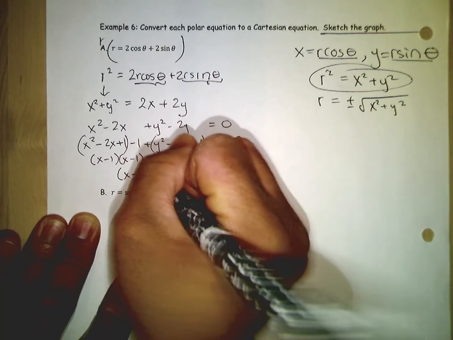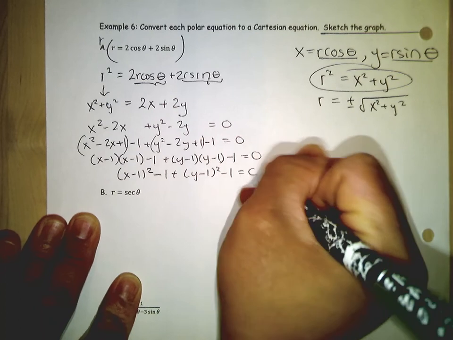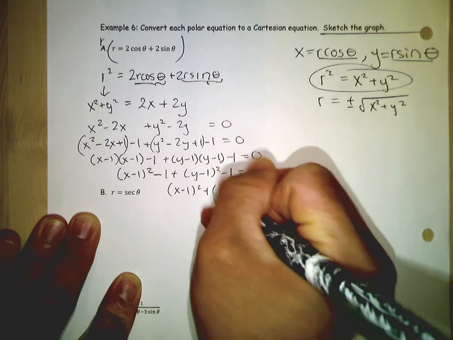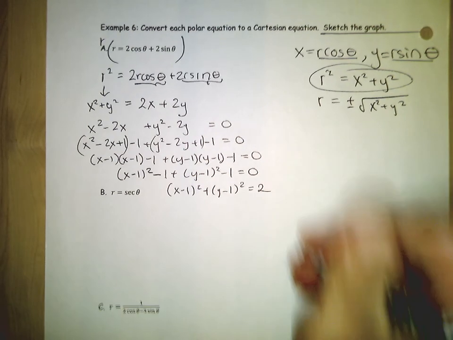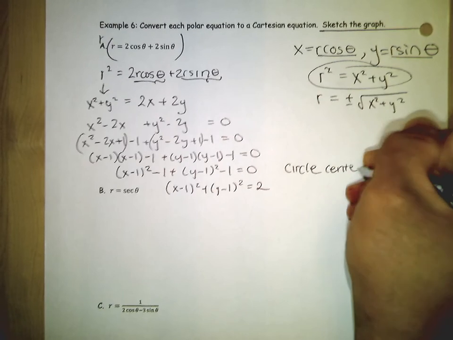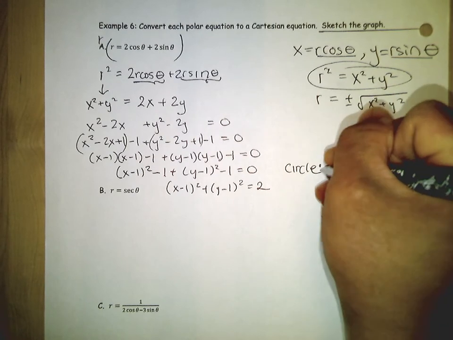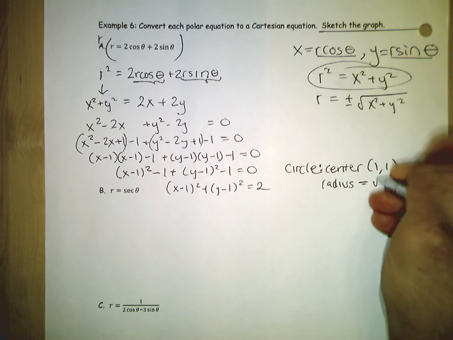Or x minus 1 squared minus 1 plus y minus 1 squared minus 1 equals 0. Add the 1s to get x minus 1 squared plus y minus 1 squared is equal to 2. So this is a circle with a center of 1, 1 and a radius of the square root of 2.